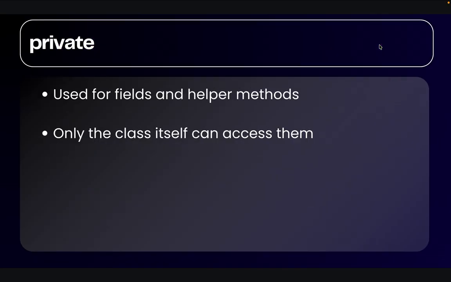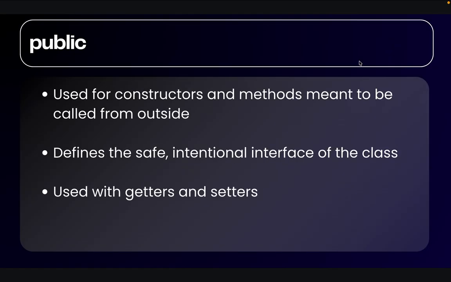Now, private is typically used for your class fields and any helper methods you have inside of your class. So again, only the class can access anything that is private in your code. Other than private, you have public, and that would be used for your constructors and your methods that can be used from outside of the class or by other classes that you may write.